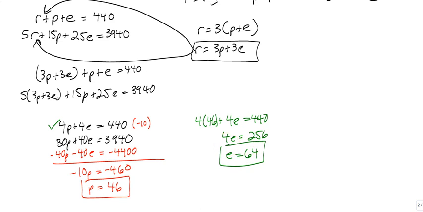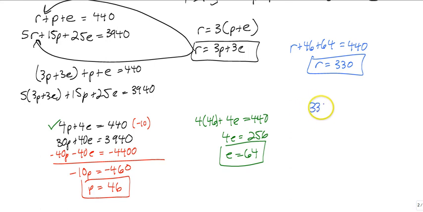And finally, we know that all 3 tickets add up to 440. So up here I'm going to do R plus 46 plus 64 is equal to the 440. So you get R is equal to 330 tickets. So how many of each type of tickets were sold?